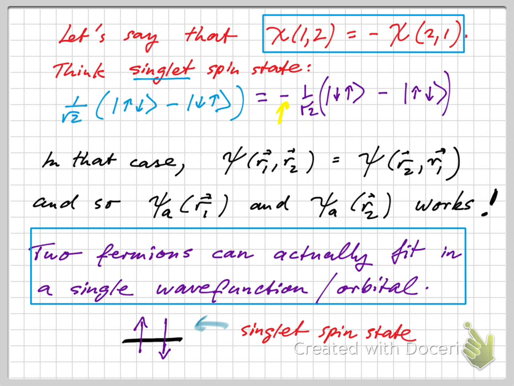So we're not allowed to put both electrons in the spin up state and also into the same orbital, like 1s or something. That wouldn't work, because then the spin state would have to be one of the triplet spin states, and now we would have to have the spatial wave function antisymmetric. And now we get the Pauli exclusion principle right off the bat there. Okay, so there we go.